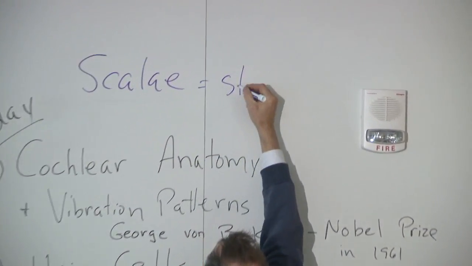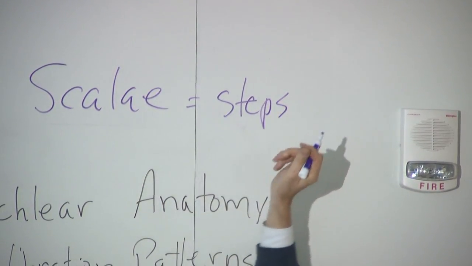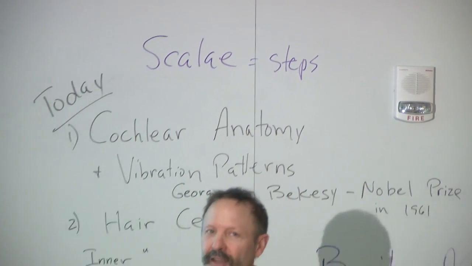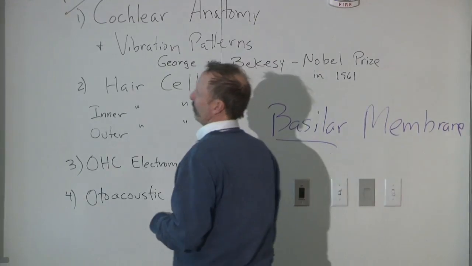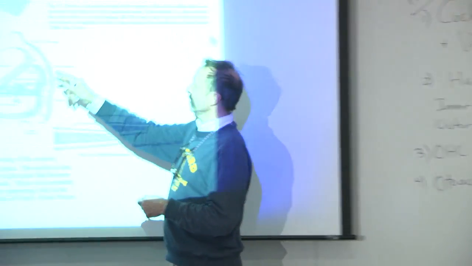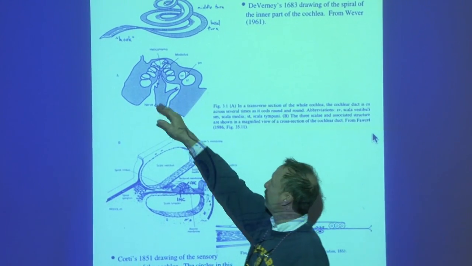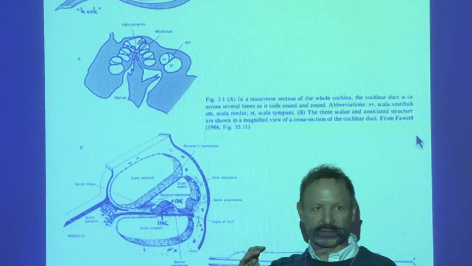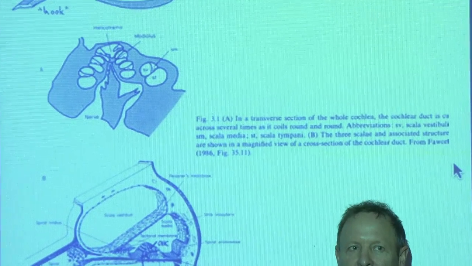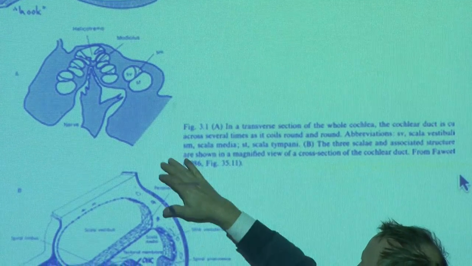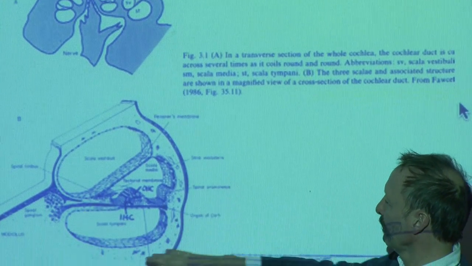This means steps. For instance, a musical scale is whole steps and every now and then a half step. So these, to the early anatomists, looked like steps on a ladder. But actually what they are is fluid-filled compartments separated by membranes. And there are 3 fluid-filled compartments here.